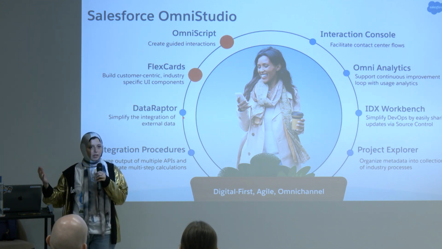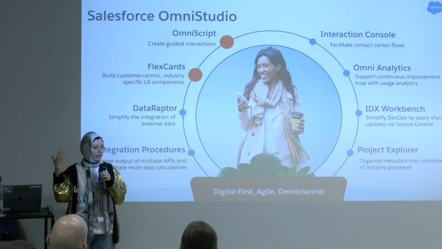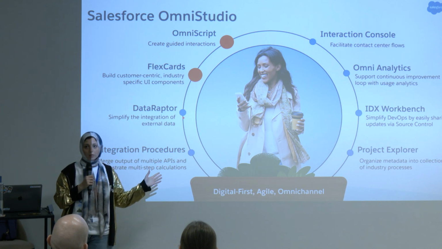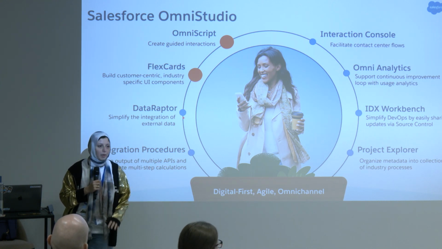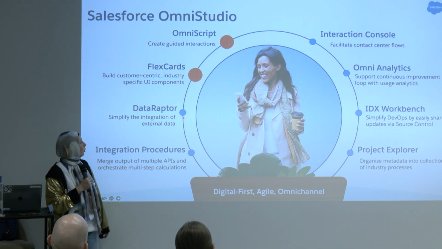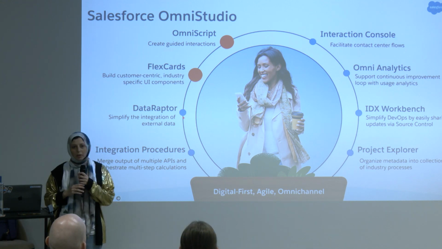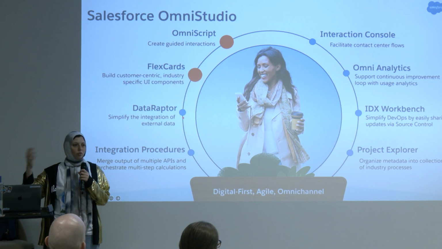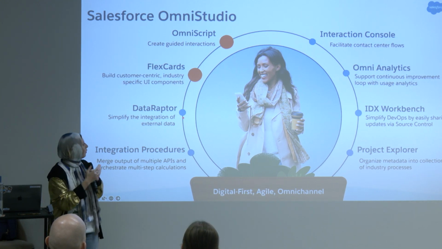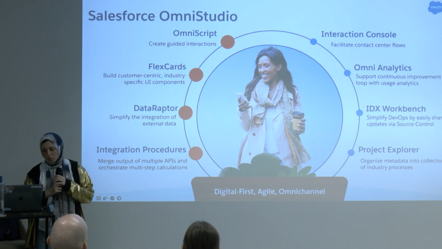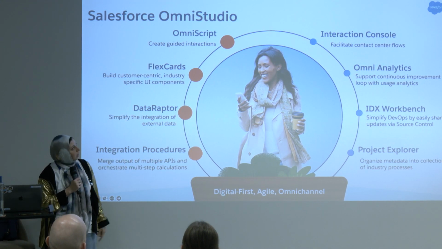In the backend, when you activate your Flexcard or Omniscript, it generates a Lightning Web Component, so it's built on Apex and Lightning Web Components. For the data service, any data manipulation or talking to external systems, we have data Raptors and integration procedures. Those will be our focus for today.